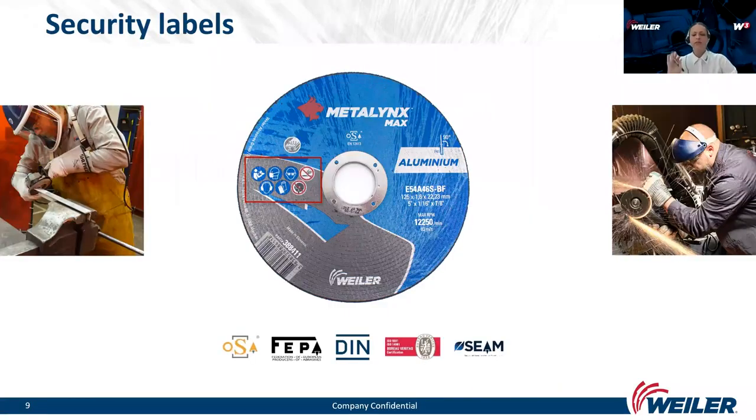Before I start, I would just like to mention a few words about safety, because this is one of the most important topics in the abrasive industry. All of our products are produced according to OSA and EN standards, and we are also FEPA members, so we are really sure that we produce safe products. But besides having safe products, you also need to protect yourself.